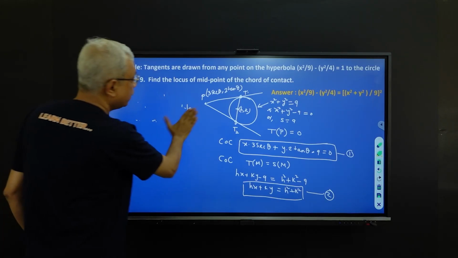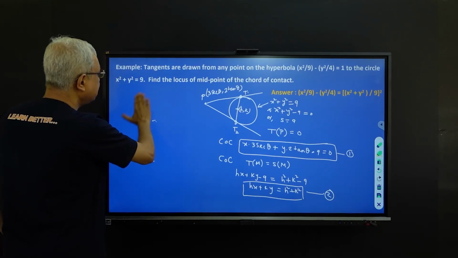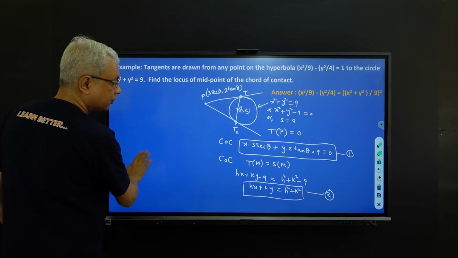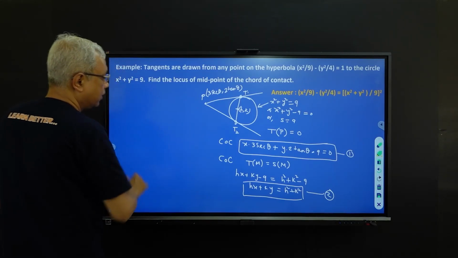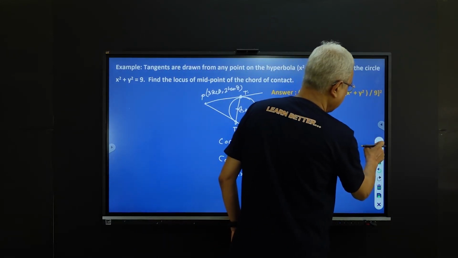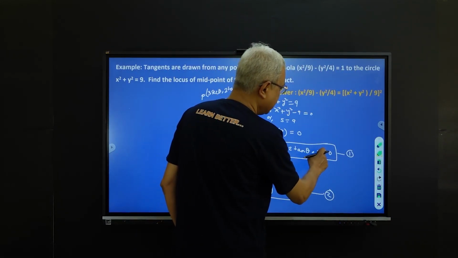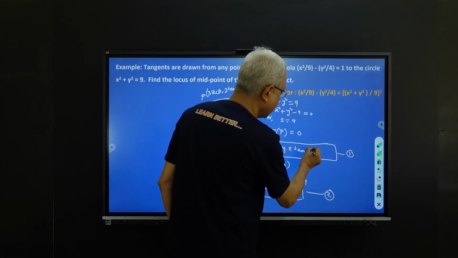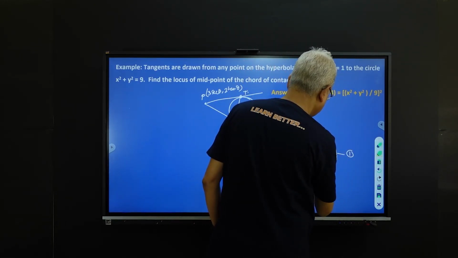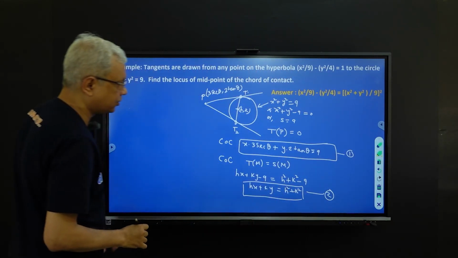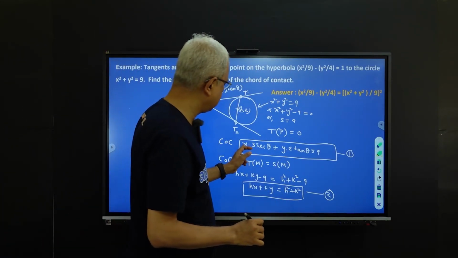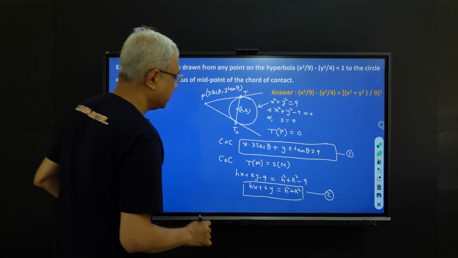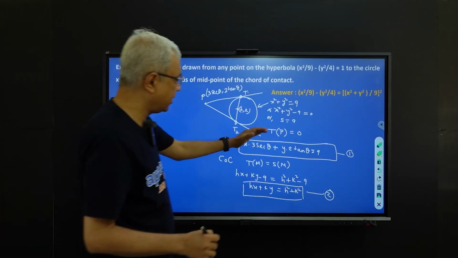Both equation 1 and 2 represent the same line, the same equation basically. So here I rewrite this as 3x sec theta plus y into 2 tan theta equal to 9. So these two equations are identical.